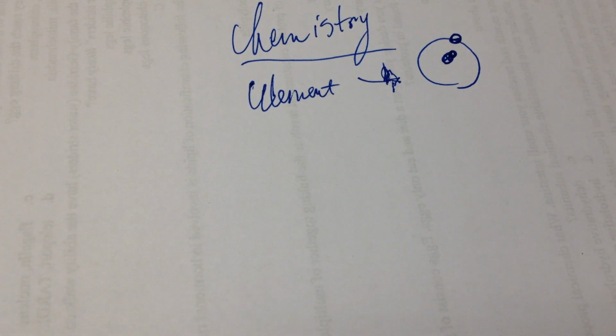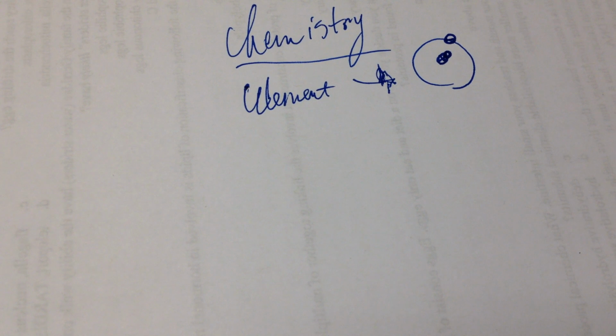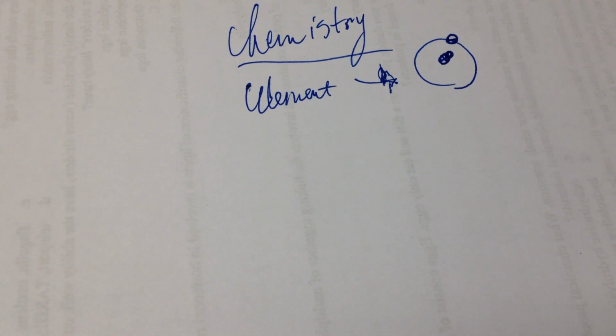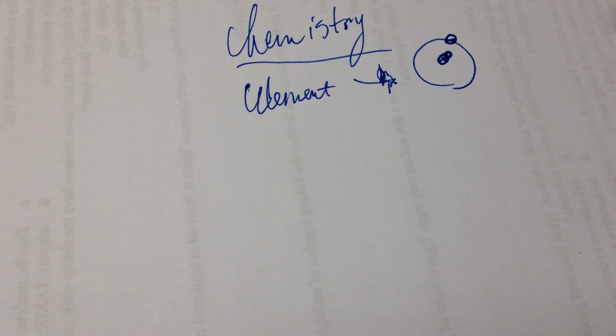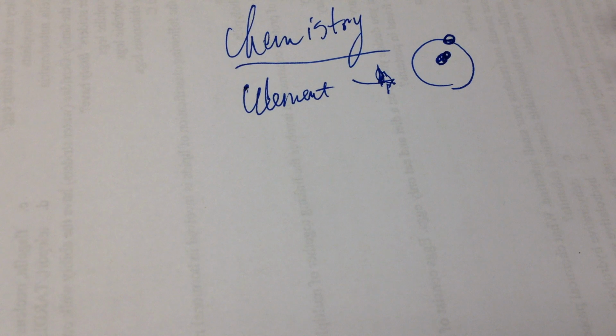So an element is essentially a chemical substance comprised of a specific type of atom, right? And its features, at least in an oversimplified manner, are defined by its atomic number, or the number of protons. In other words, the number of protons is what gives a specific chemical element its attributes, at least at this level.